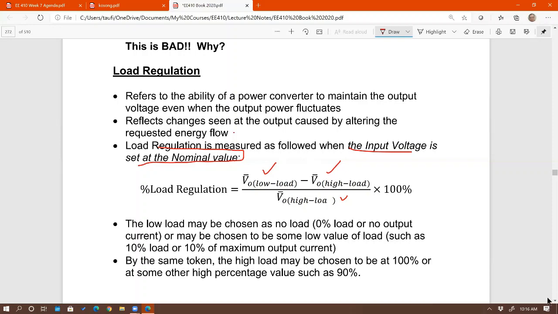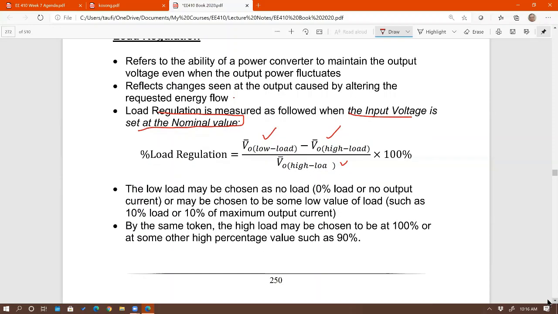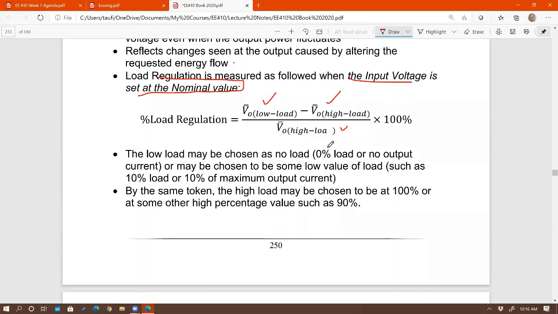Now, how do you define high load and low load? This is something that you have to determine yourself. Sometimes the customer will give you the numbers, but at other times you have to determine it yourself based on inductor current, and we'll talk about it. I don't think it's going to be today, but next week.